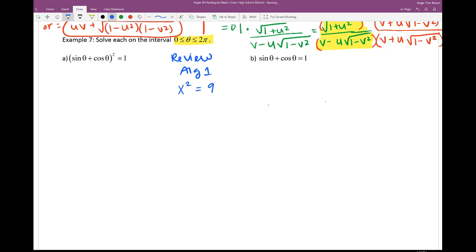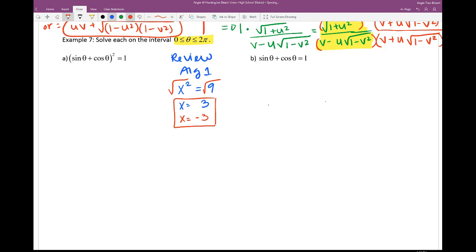Most of you said, well, I would take the square root. That's correct. And most of you said x equals 3. Well, that's partially correct, because technically, couldn't x also be negative 3? So you should have both. Anytime you take a square root, there are 2 of them.